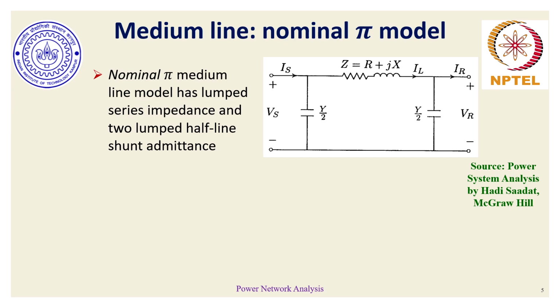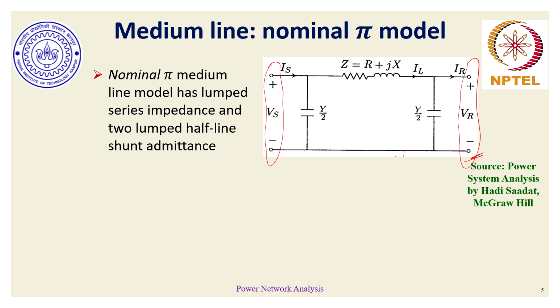So to start with our first model, the first common model for the medium line, we call it the pi model. It looks something like this, as shown over here in this figure, and we have the same notion of sending end, Vs and Is being the sending end voltage and sending end current on a per phase basis. On the receiving end, we have Vr and Ir, which are the per phase receiving end voltage and receiving end current.